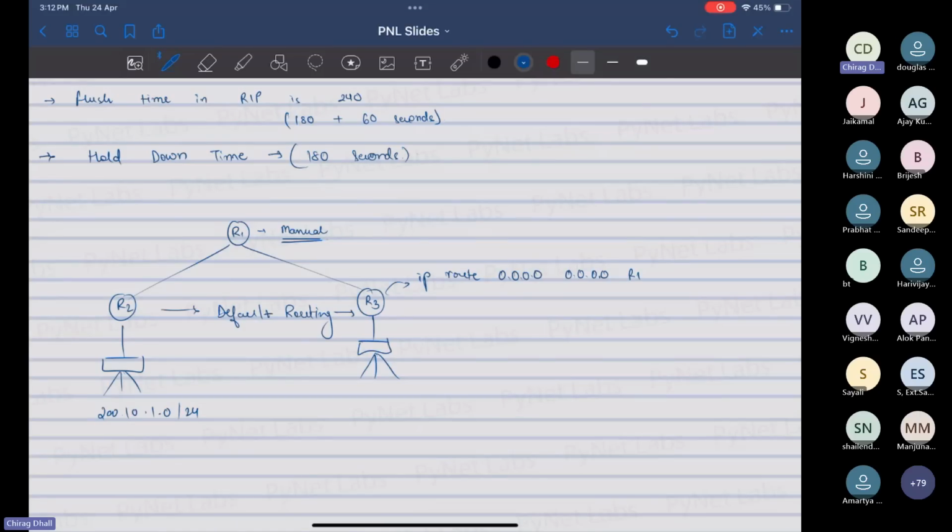That's how the default routes are installed. Now the questions are about your DHCP relay configurations. DHCP relay configuration is required when all your DHCP pools are on one dedicated server.